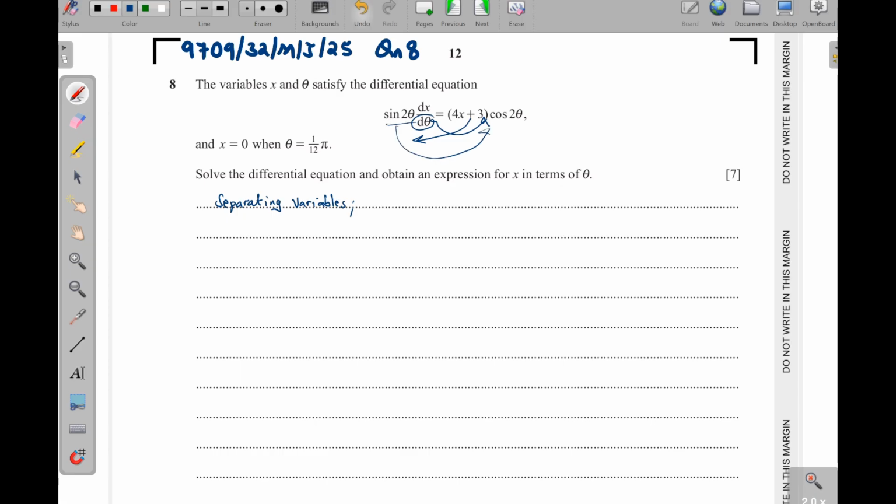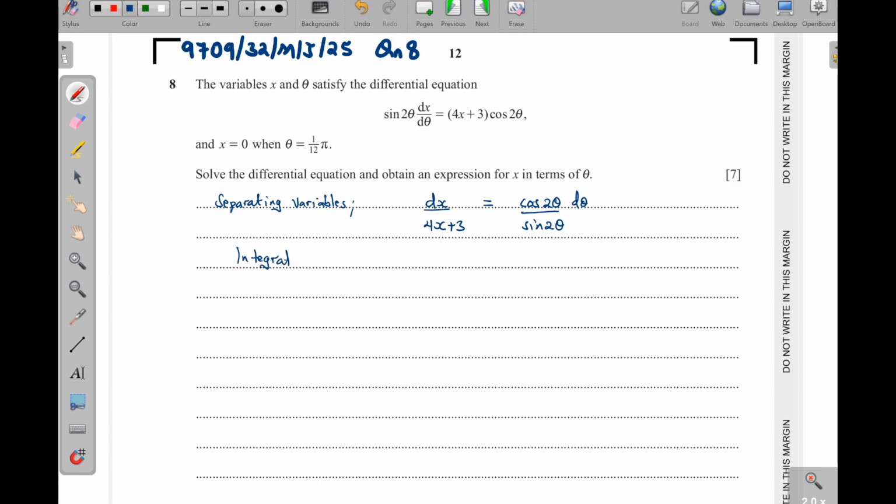So meaning we are going to have dx out of 4x plus 3 equal to cos of 2 theta d theta, but then we shall divide all through by what? Sine 2 theta. Okay, now we do the integration.